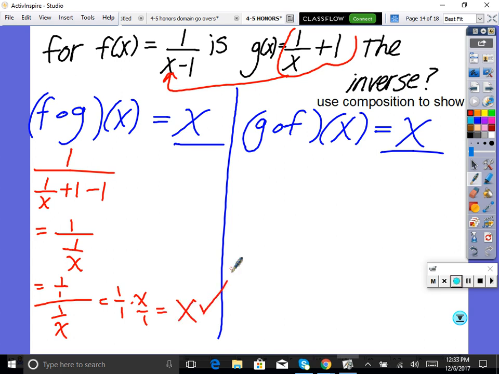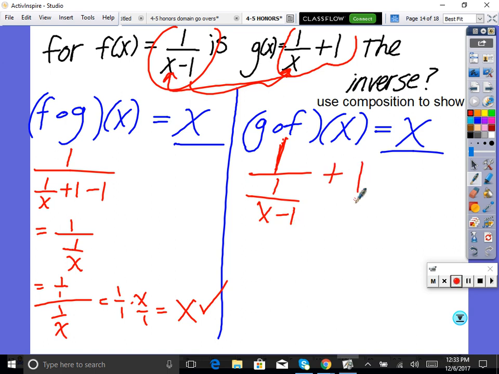Let's check the other one. Now we have to do f into g. So we would do this: 1 over x plus 1. No, I'm plugging this in right there. So 1 over x minus 1 plus 1, right?